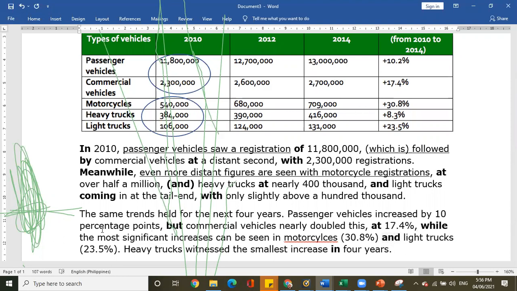There, heavy trucks witnessed the smallest increase in 4 years. That's it. That's your essay.